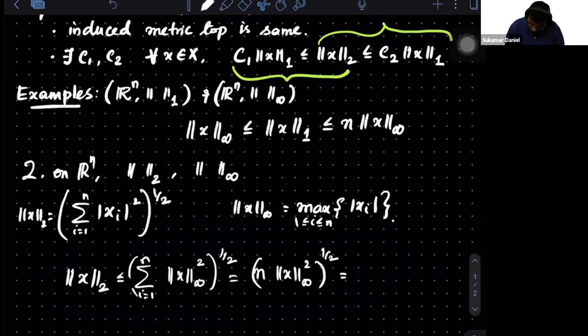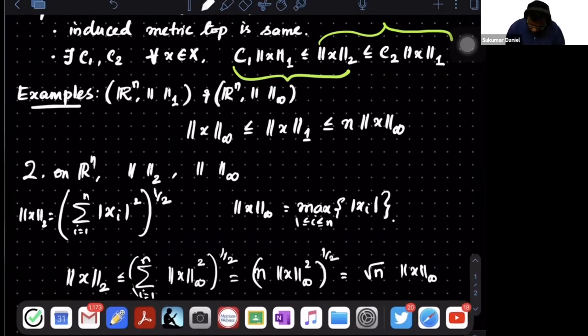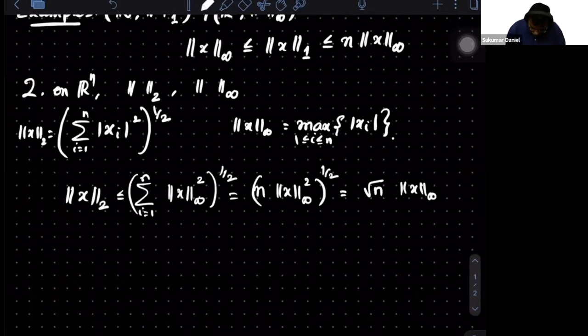And look at this, it is nothing but the square root of n into this. So at least we could get one side. Now x2 is less than or equal to the square root of n times x infinity. So one side I got. I would try to do the other way.